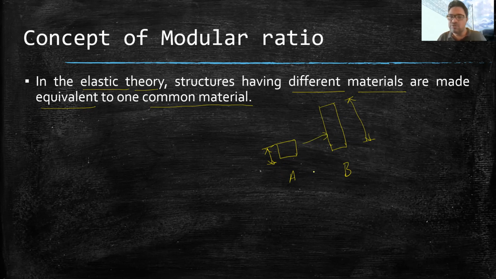First of all, we need to find out the ratio of their strength. Say the strength of B by strength of A. So, for example, this is the strength ratio.